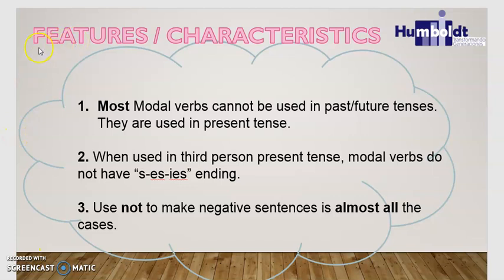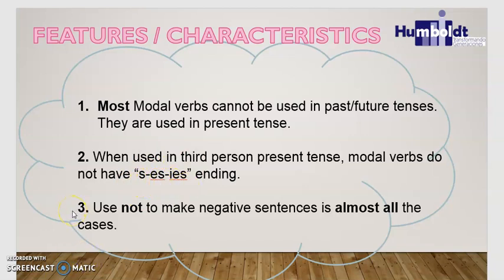Features and characteristics. Okay, so the number one is that most modal verbs cannot be used in past or future tenses. They are used in present tense. The number two is when used in third person present tense, modal verbs do not have the conjugation s, es, or ies endings.